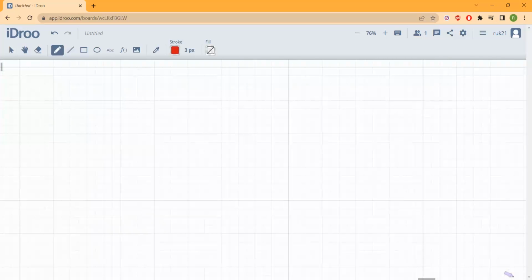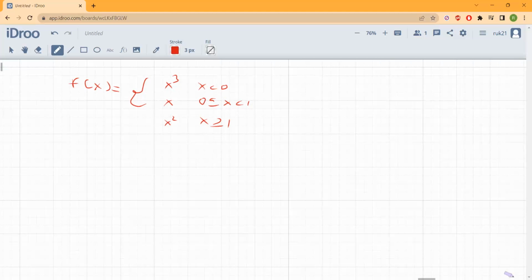The piecewise function that I'm going to use in this example is f of x equals x cubed when x is smaller than 0, x when x is bigger than or equal to 0 but smaller than 1, and x squared when x is larger or equal to 1.